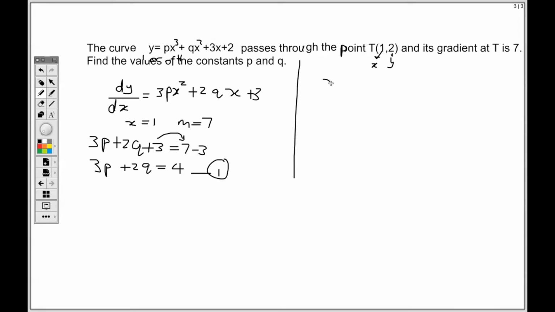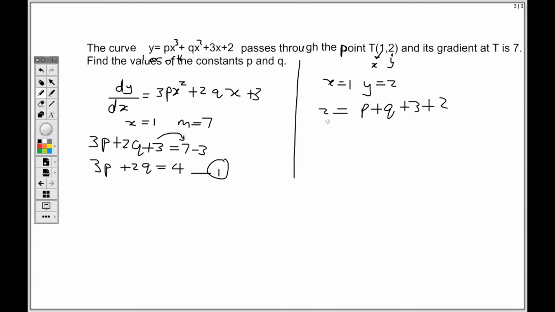I'm going to create another equation because we were given the point (1, 2). So I can use this information to substitute it into the curve. So I have y being replaced with 2, and wherever I have the variable x, it will be 1. So the x will disappear, so what I'll have is p plus q plus 3 plus 2.